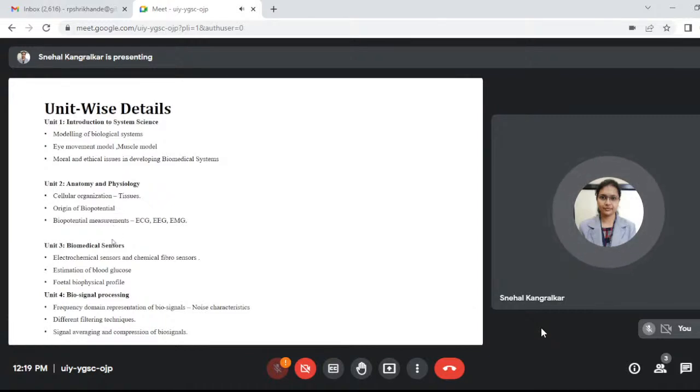Biosignals are the signals from the human physiology. Those signals are detected by the sensors, and an equivalent electrical signal is generated, which is given for filtering. So in unit 4 we have different filtering techniques.